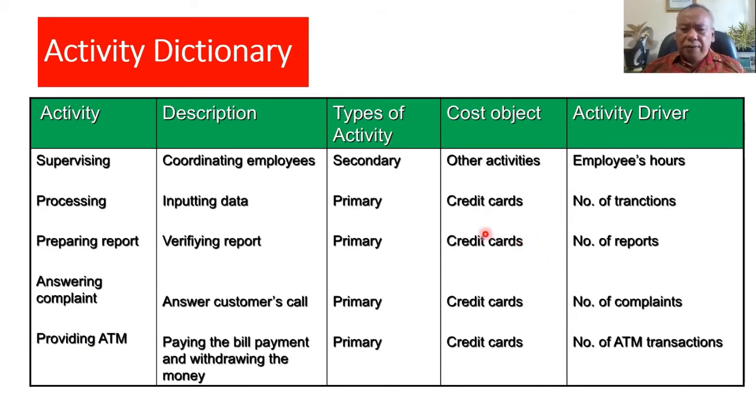And then after we find the cost object, we can also identify the activity drivers. For example, for supervising, the activity driver is employees' working hours.